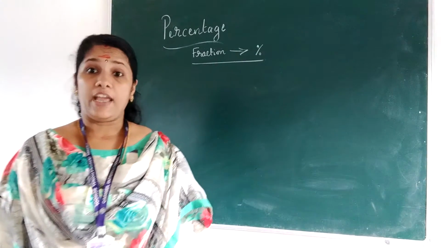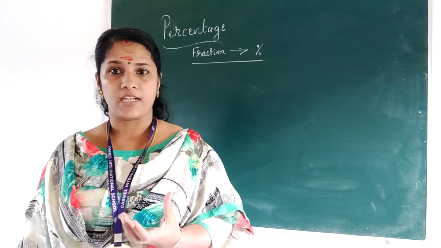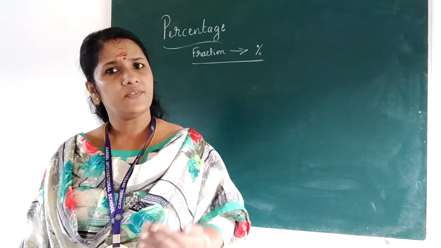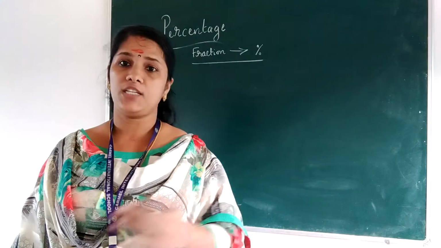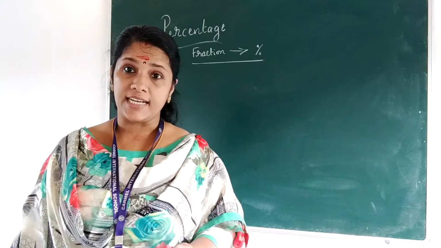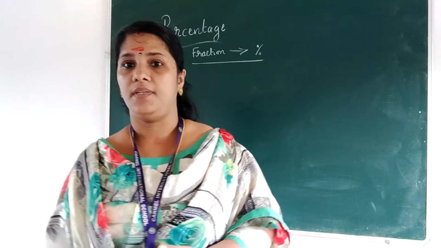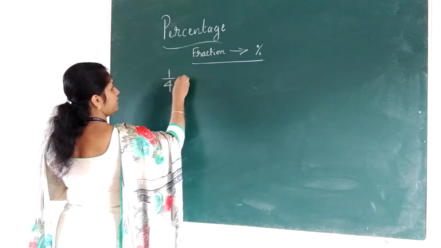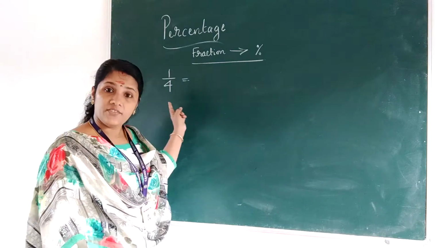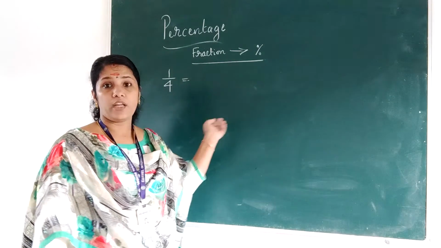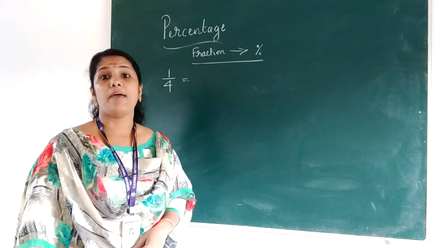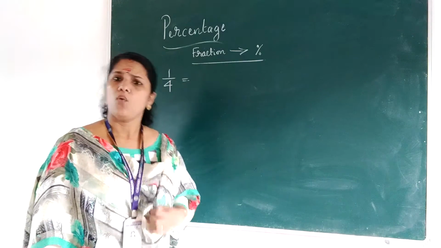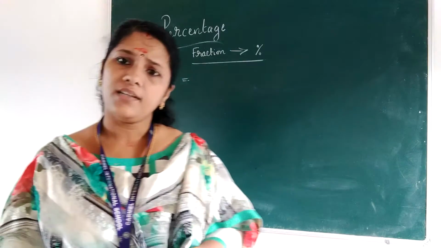Let's convert a given fraction into the percentage form. How to convert a fraction into percentage form? Let's discuss using some examples. Let's take the first example as 1 by 4. To convert this fraction 1 by 4 into percentage, I am going to use the equivalent fraction method. What is the equivalent fraction method?